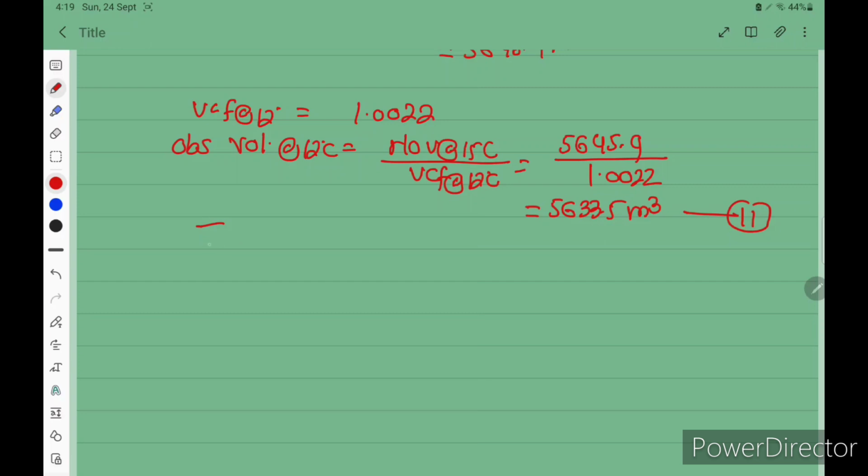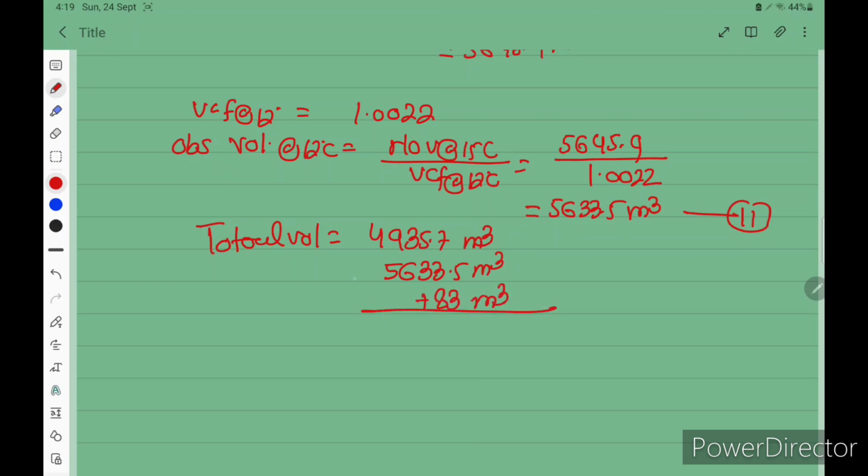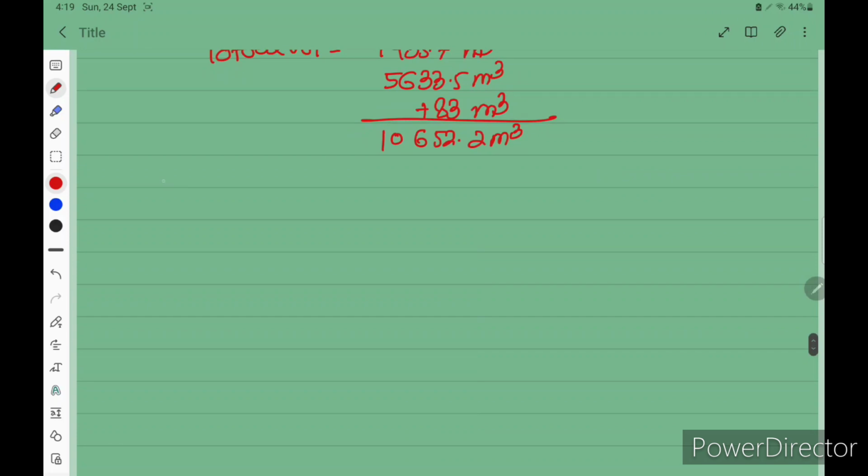Now add total volume: first cargo 4935.7 meter cube, second cargo 5633.5 meter cube, and we have the ballast in the question, initial 83 meter cube. Now we add all three, we get 10652.2 meter cube.